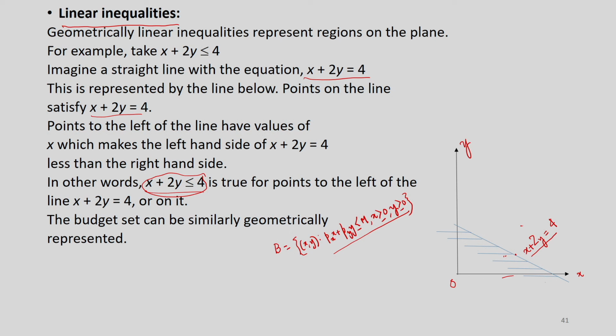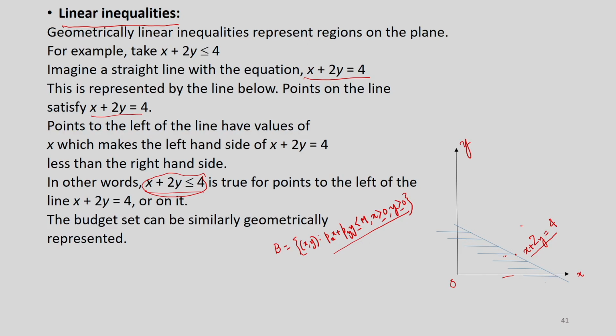Okay. So, this was the mathematical representation, and here there are some parameters: p x, which is the price of x, p y, the price of y, and the money income, which is m. All these are parameters given from outside. Let us see how we can represent this in terms of geometry.